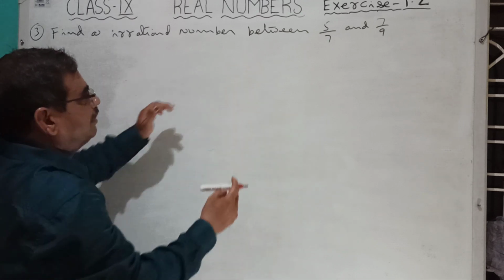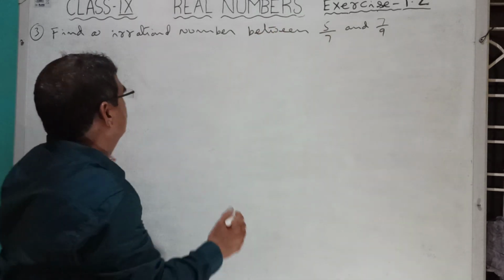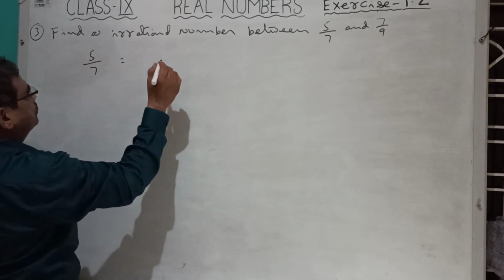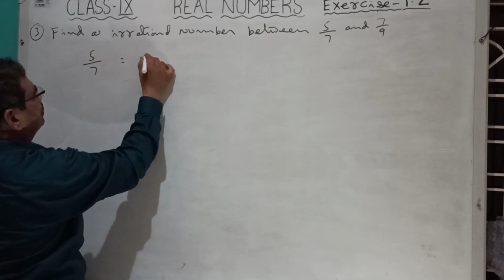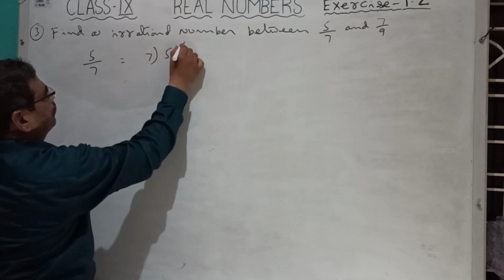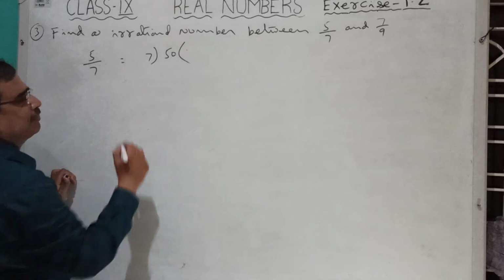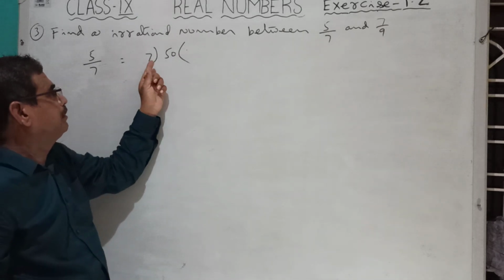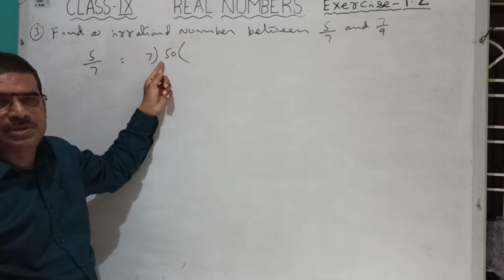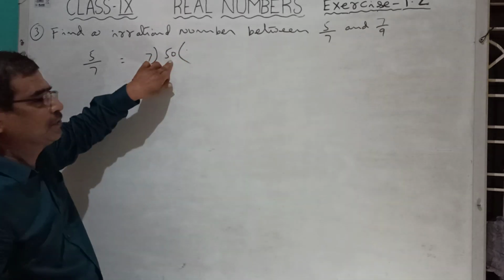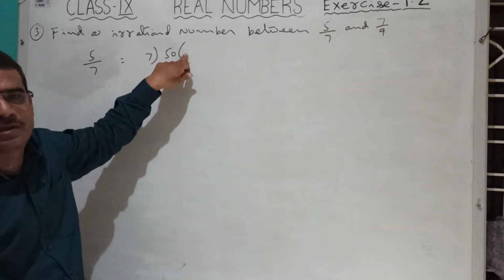So first I am dividing 5 with 7. 5 by 7, that is equal to 7, 5. So no point. So put a point, put a 0 here. In division, 7 ones are 7, 5 is there. In 5, 7 will not go. So take 0, means we have to put a point here.